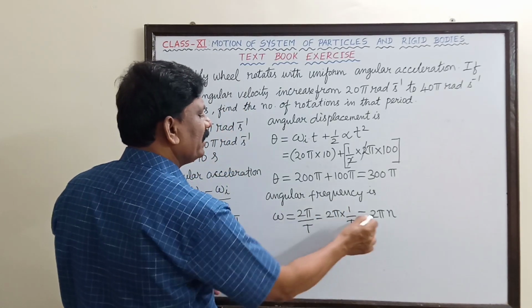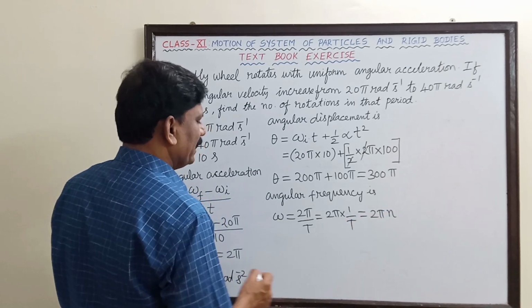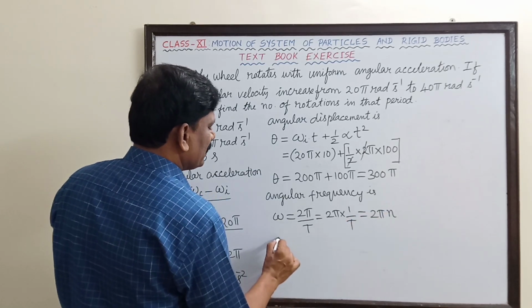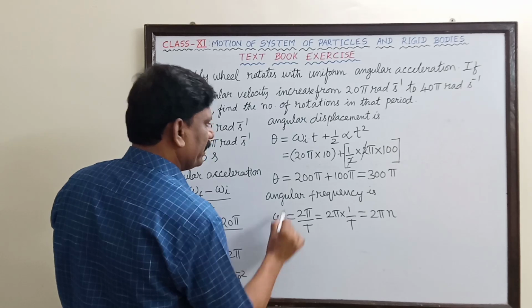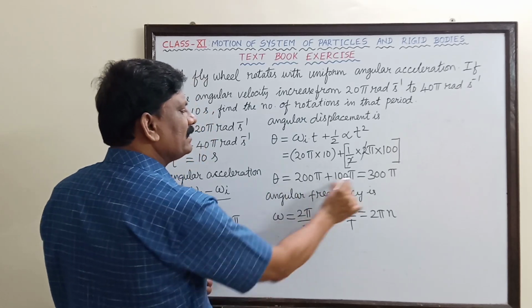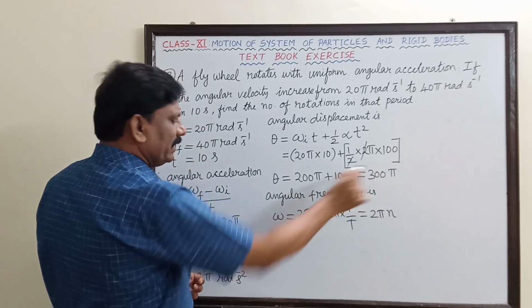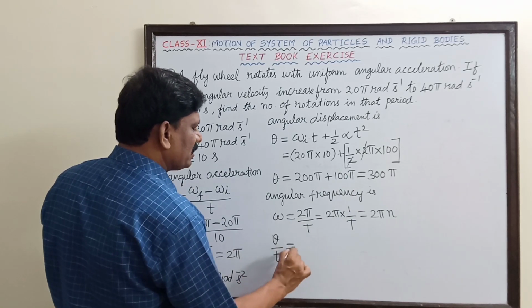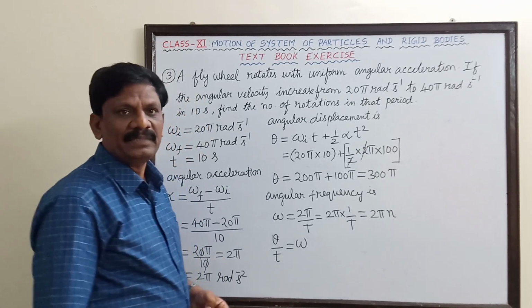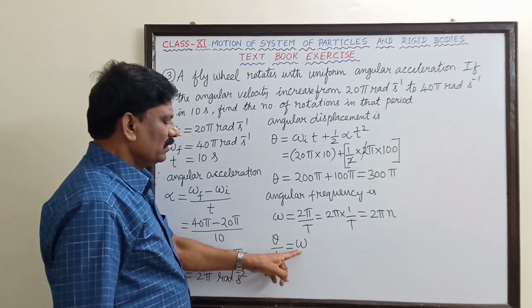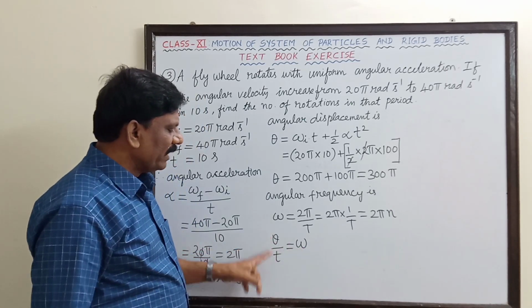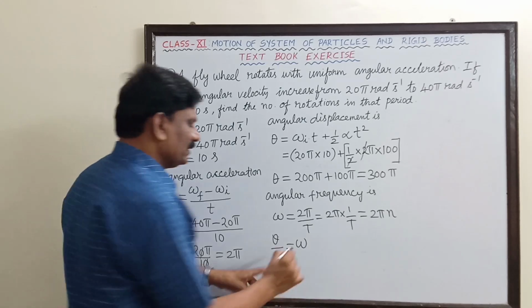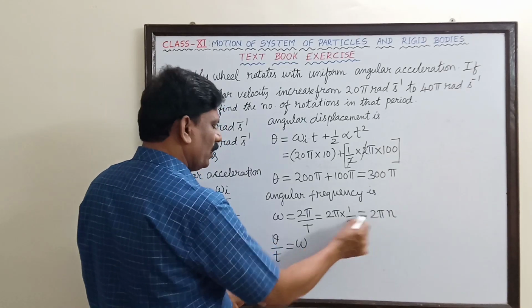So omega is equal to 2 pi into n. Here, first of all, theta we have got is 300 pi. Now theta by t is also equal to omega, so angular velocity is also equal to angular displacement by time taken. Instead of omega I can substitute 2 pi n.